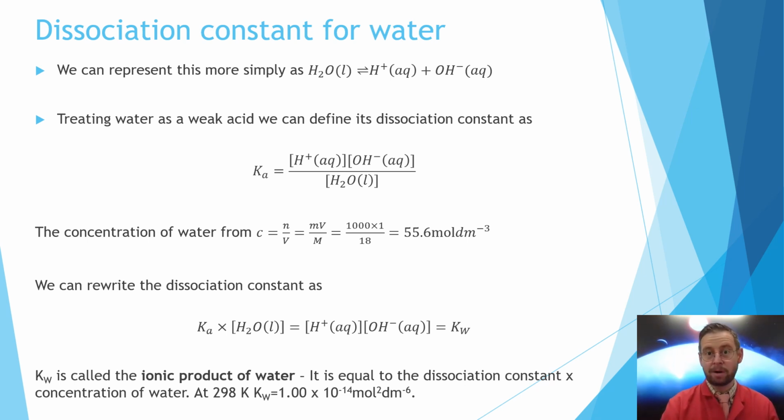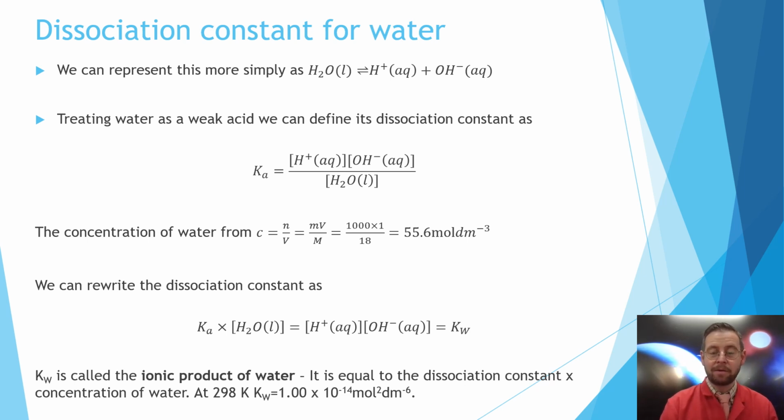You see, the number of moles that fit into any particular unit volume is always going to be the same for liquid water. So if we take the concentration as the number of moles per unit volume, and we know that that would be the same as the number of moles, which is the sample mass divided by the molar mass, divided by the volume, which is the same as saying it's the sample mass times the volume divided by the molar mass.